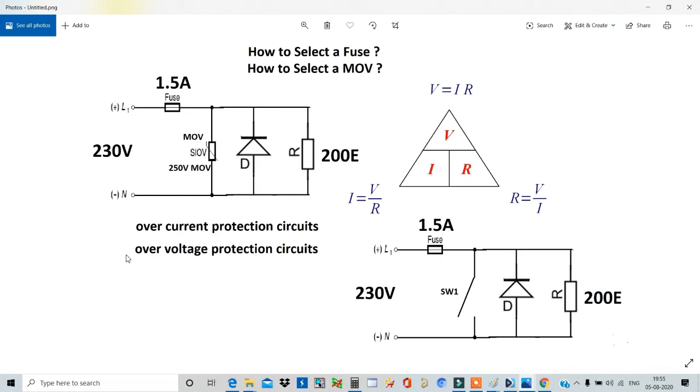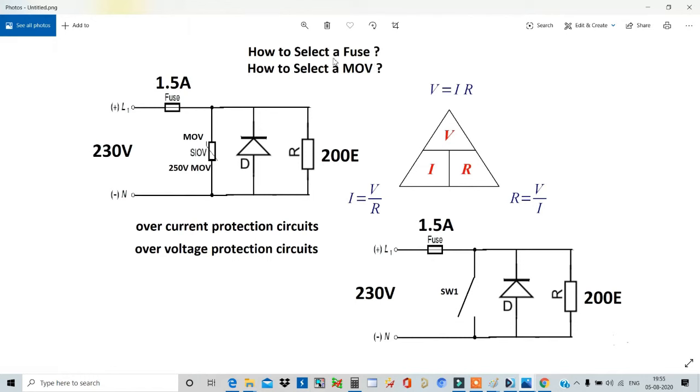Okay friends, now we are going to see the over voltage protection. So first of all, what is the meaning of MOV? MOV means metal oxide varistor. Okay friend, the MOV is a protection component used in power supply circuits.